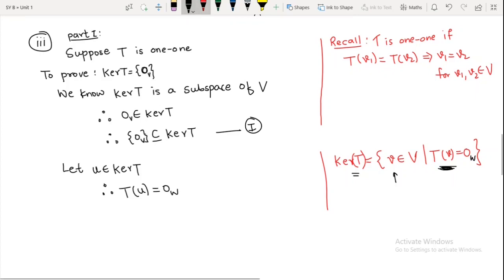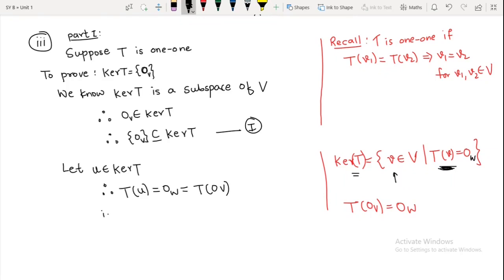But recall one more thing, we have T of 0_v is equal to 0_w, as T is a linear transformation. So this value I can use here, and therefore I can say that this is equal to T of 0_v.